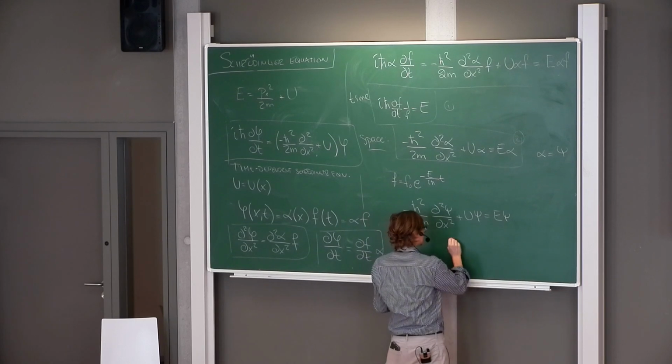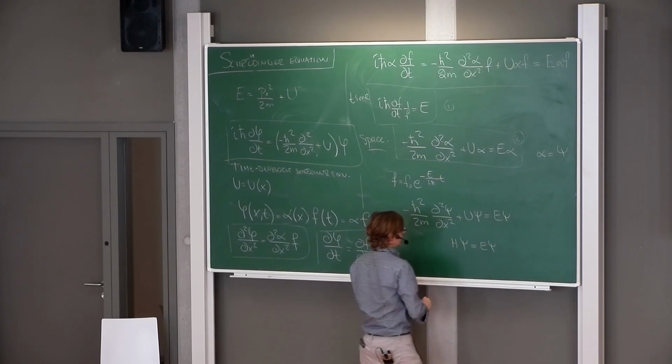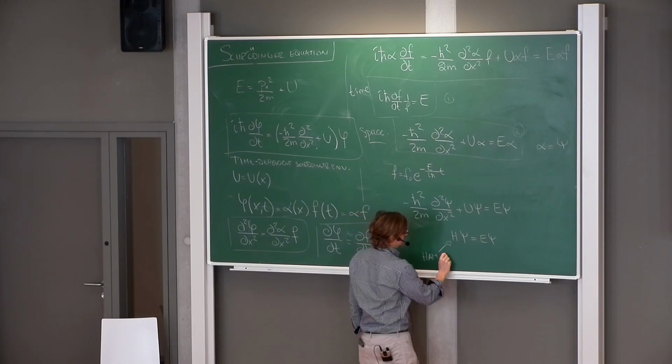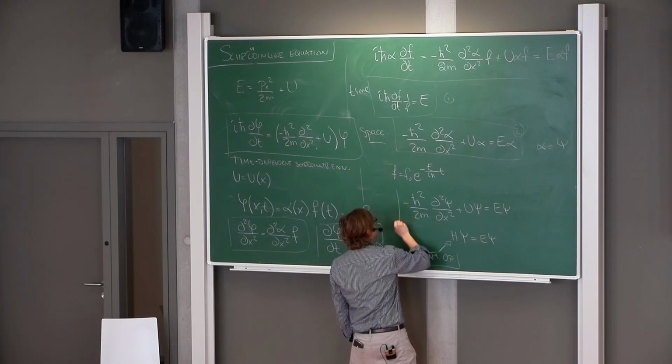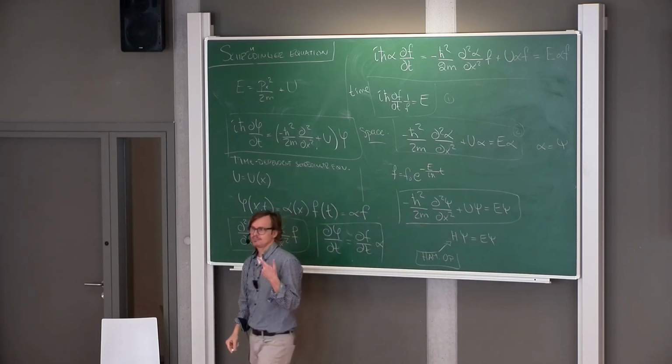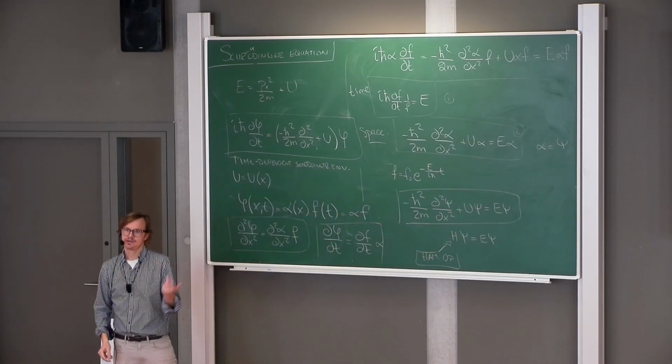Often you see this as H phi equals E phi, where H now is your Hamiltonian operator. And this is the one-dimensional time-independent Schrödinger equation.